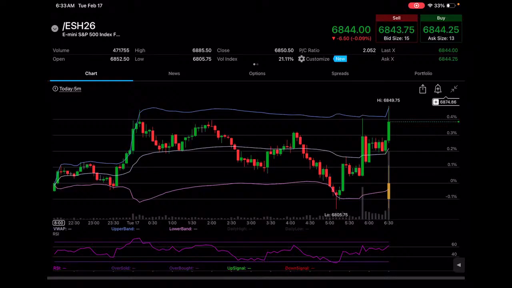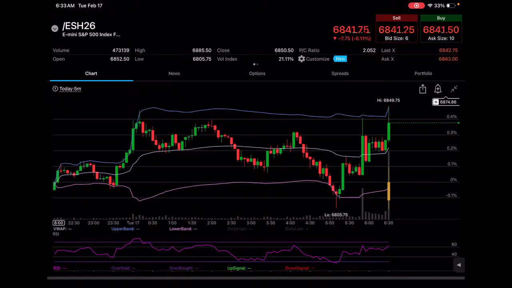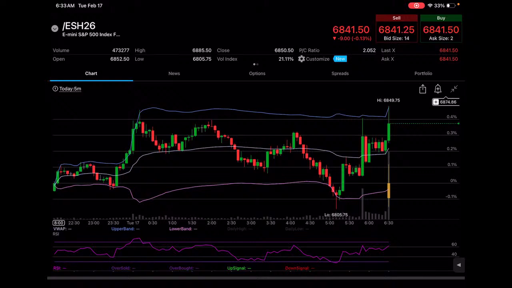Okay, so I just took a screenshot of the chart, and I am going to put the chart in ChatGPT, and I am going to use my layout here.